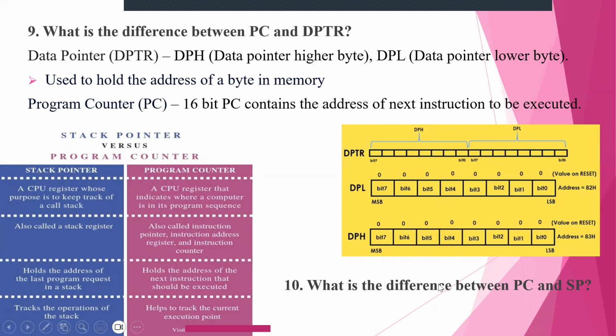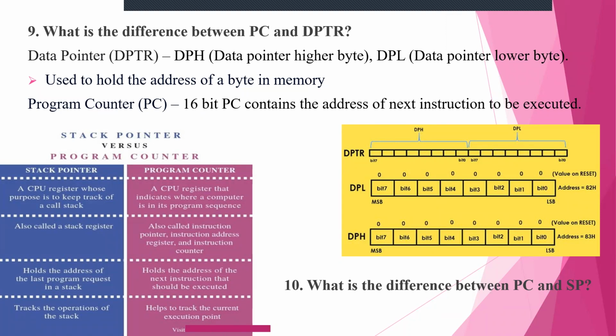DPL. And finally, what is the difference between the program counter and the stack pointer? The program counter is the one which is going to show the address executed next. And the stack pointer is the one which is going to address all the data, store all the data, and address what the program is requesting from the stack, whether to push or pop. The program counter will indicate whether the program is executing in sequence. The stack pointer will keep track based on the stack, whether it is push or pop.